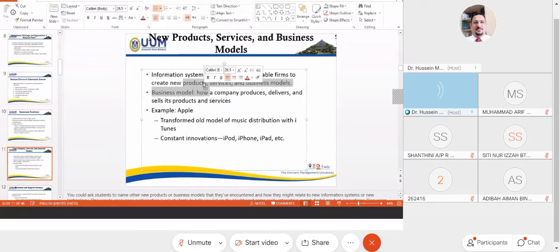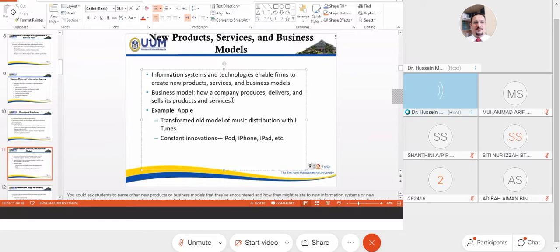Yes, we can create new product or service and business model as we see. What is a business model? How can we define that? A business model could be defined as how a company produces, delivers, and sells its products and services.